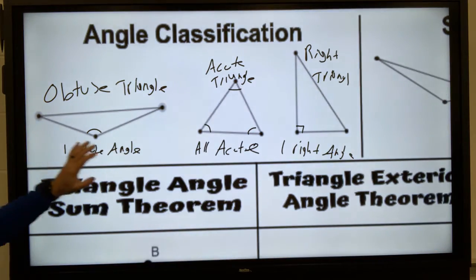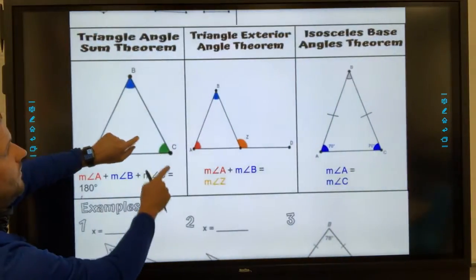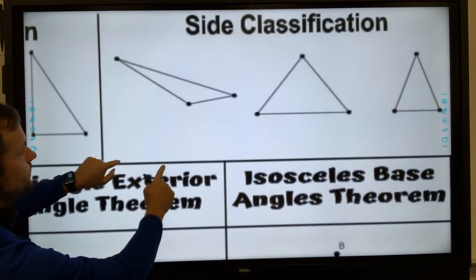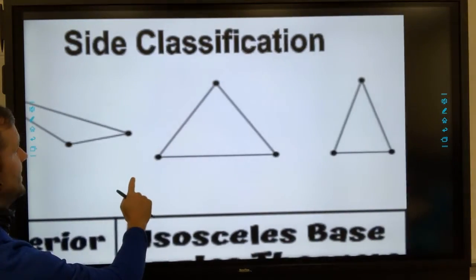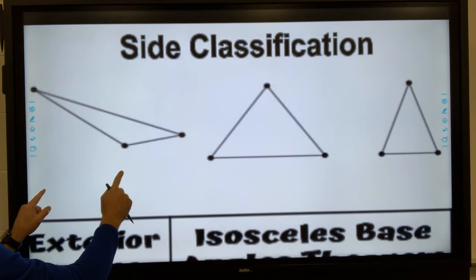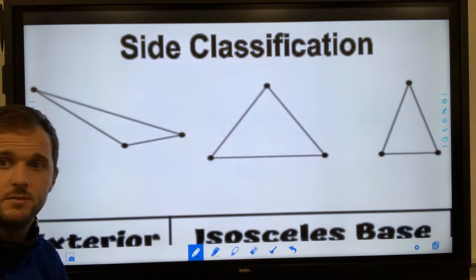Now what we're going to look at is the sides of the triangles and we're going to classify it that way, okay? So right now I'm going to zoom into the top right again. We're looking at side classifications. So that means we're going to look at the triangles, determine the sides, and determine what type of triangle that is by their sides, okay?